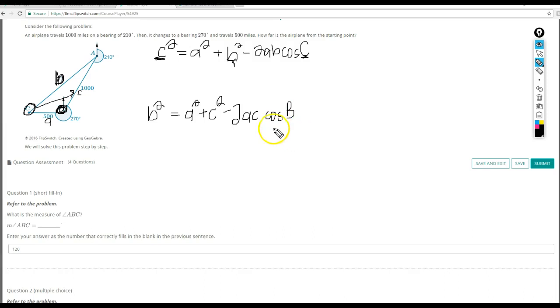Now, that is holding true to the relationship. The side length is going to be opposite the angle we want, and the side lengths that are used on our right-hand side are the side lengths that are adjacent.